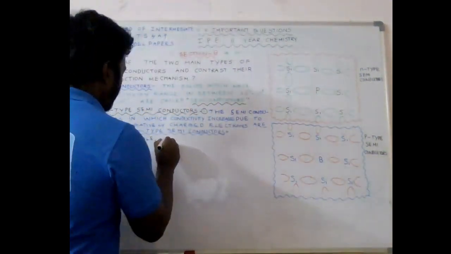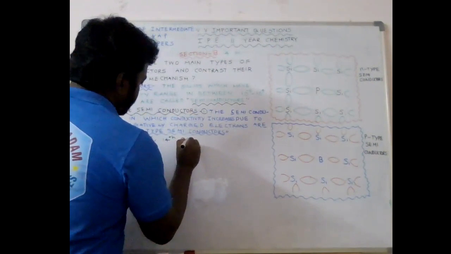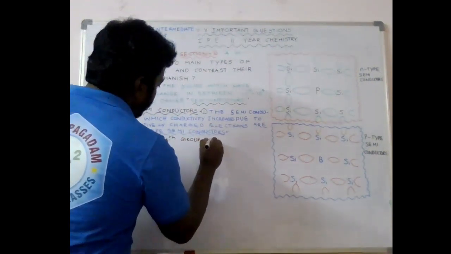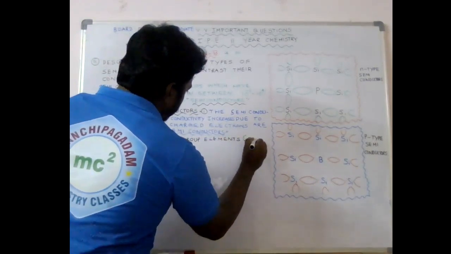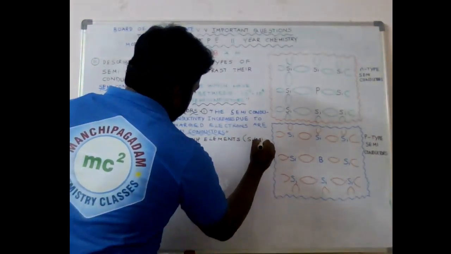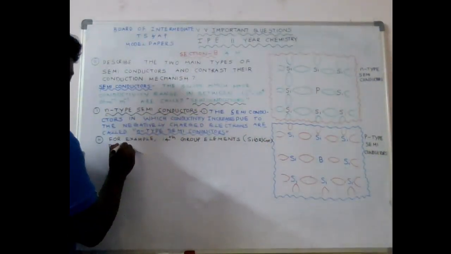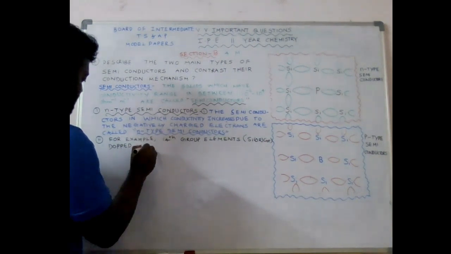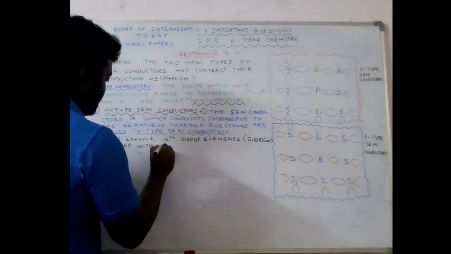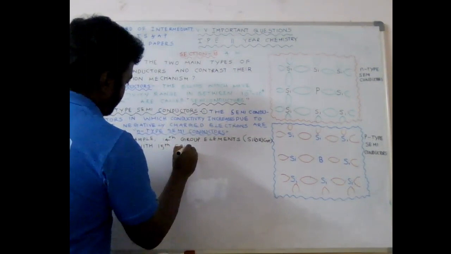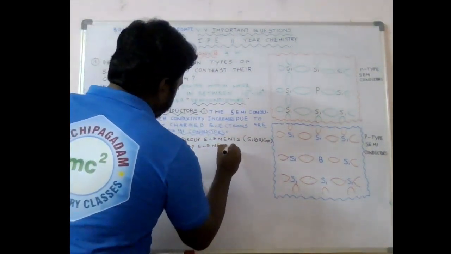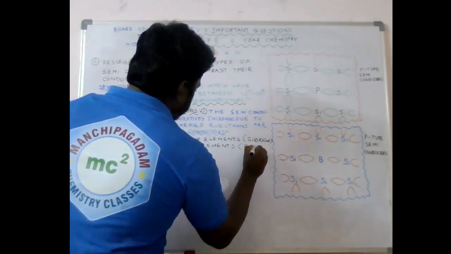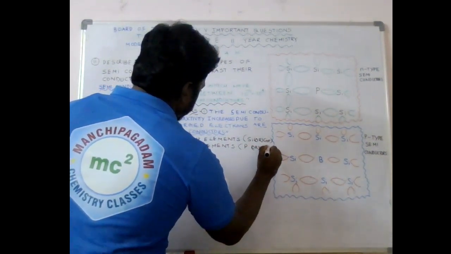So for example, 14th group elements, silicon or germanium, doped with 15th group elements, for example phosphorus or arsenic.